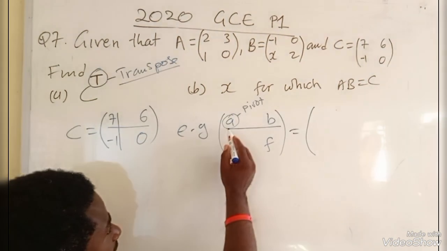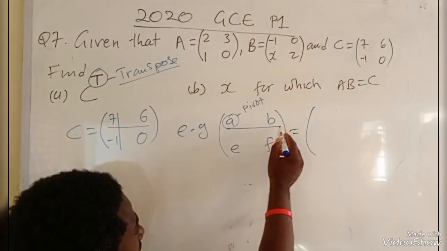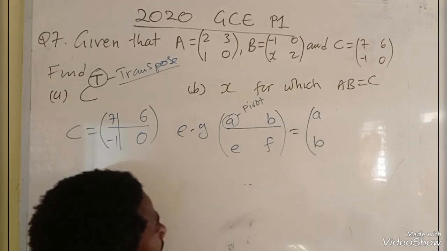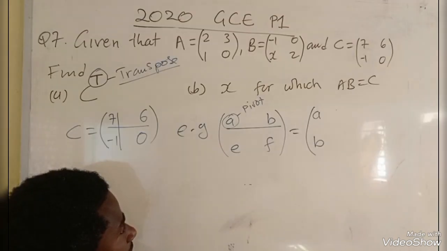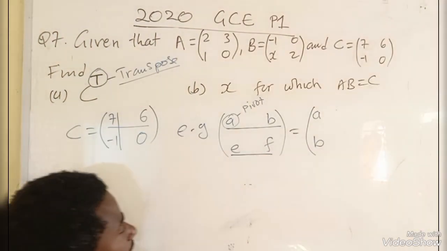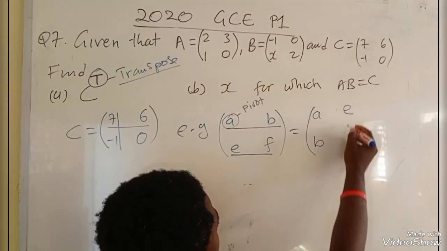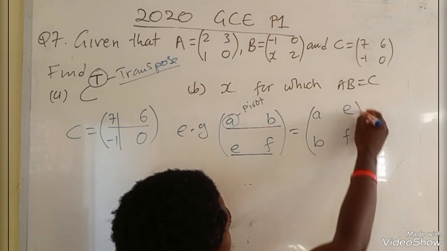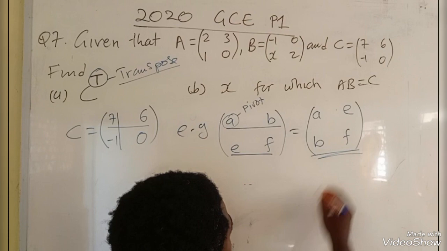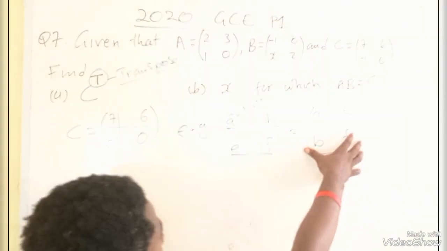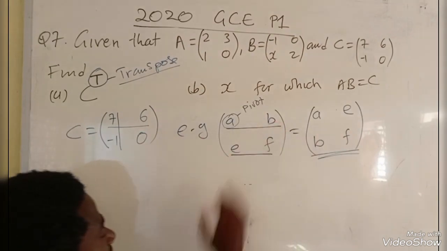That simply means that this row will become a column. So it will be A, B. Then this row again will become a column: E, F. That is how we can find the transpose of a matrix. So this is the transpose of this matrix.